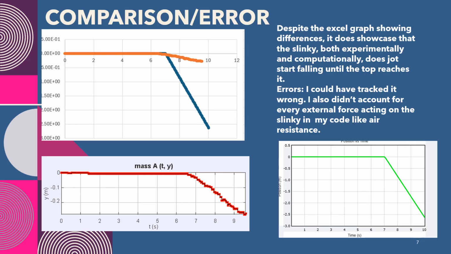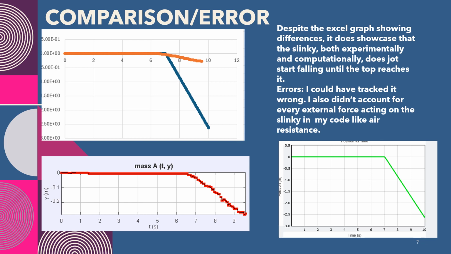All right, so now we have some comparisons. I put both of these graphs, the one from Tracker and the one from GlowScript, into an Excel, and as you can see, they are very different. But the most important thing to note is they're similar in the fact that you can see it around the same point, which is when the slinky is compressed. They are falling. There's constant motion.